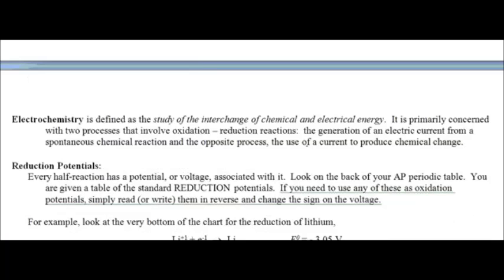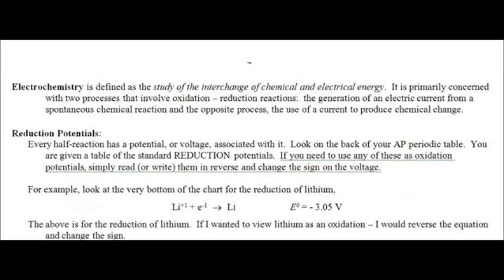Let's turn the page over to the back side here. Electrochemistry. That's what we're doing right now. It's the study of the interchange of chemical and electrical energy. And this is what we do for batteries, for other types of reactions that take place, for single replacement reactions. It's an interchange of chemical and electrical energy, which is kind of cool.